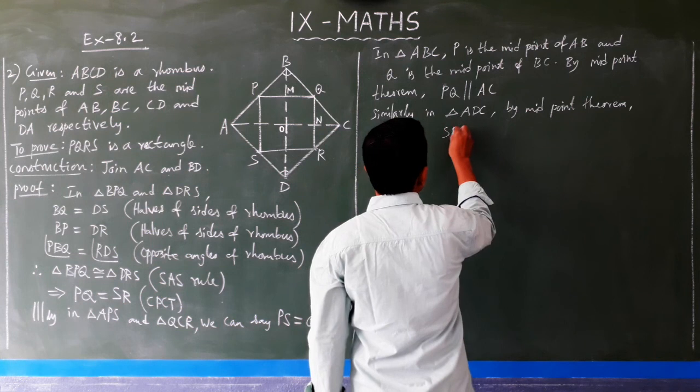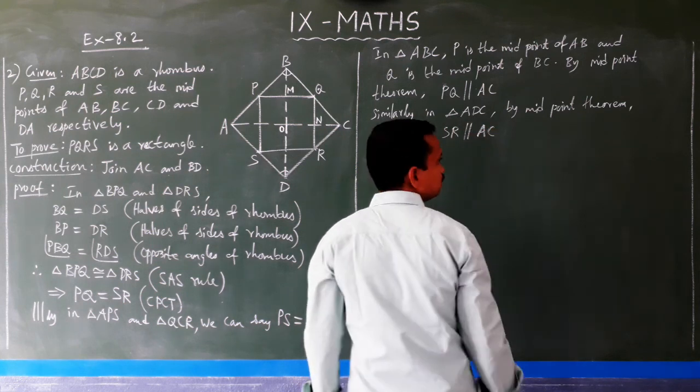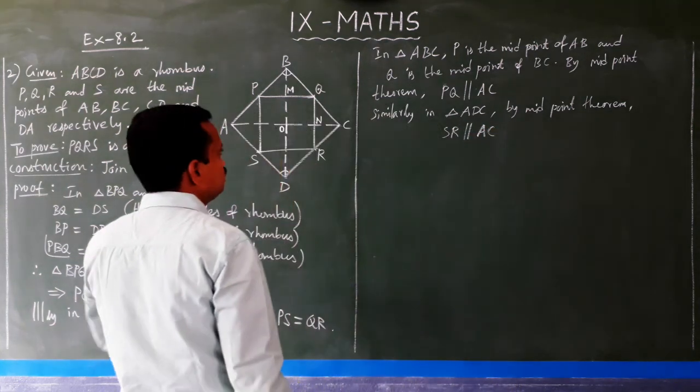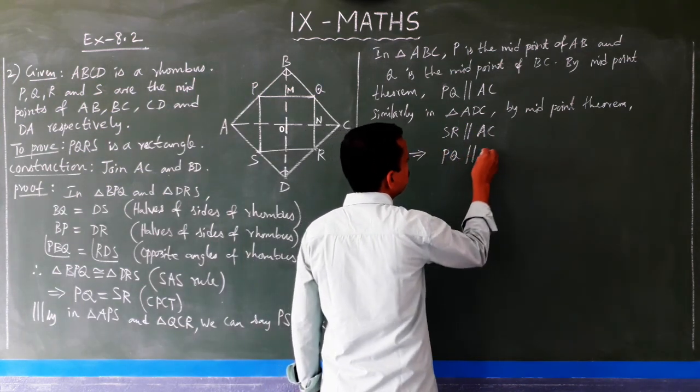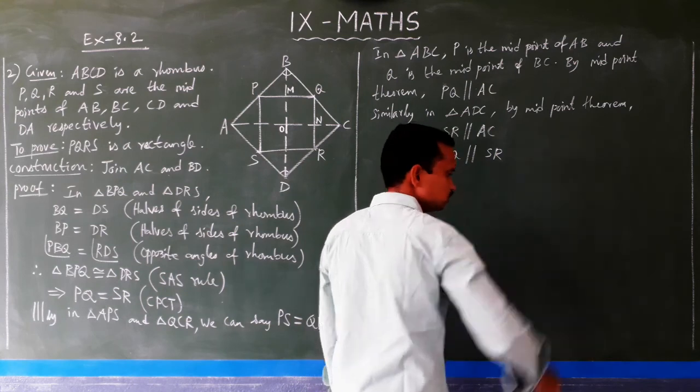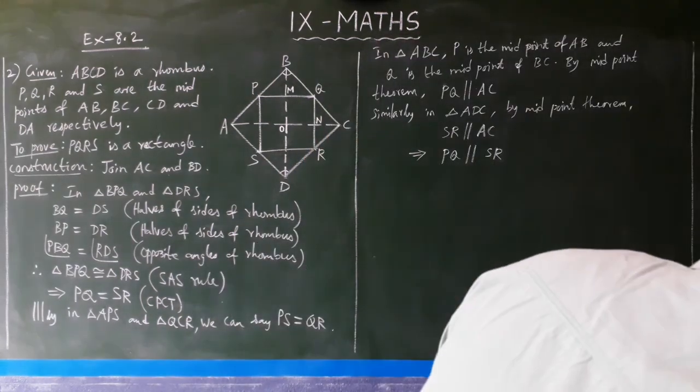SR is parallel to AC. So, through this we can say, this implies PQ is parallel to SR. Is it clear? PQ parallel to SR.